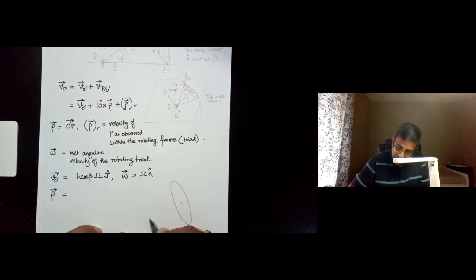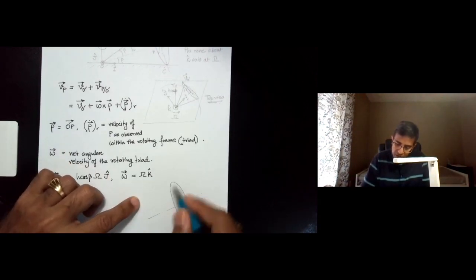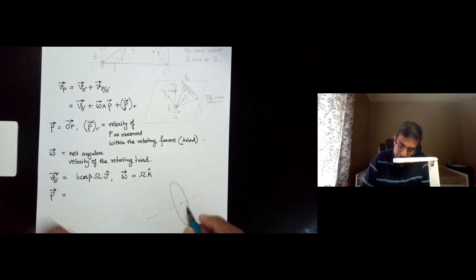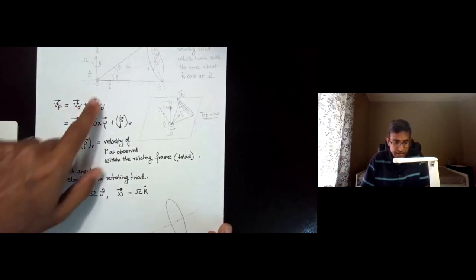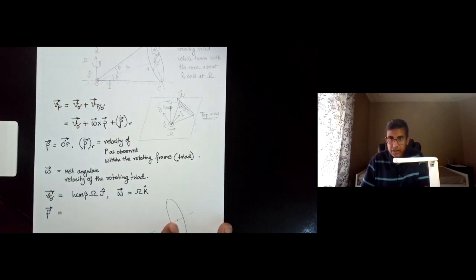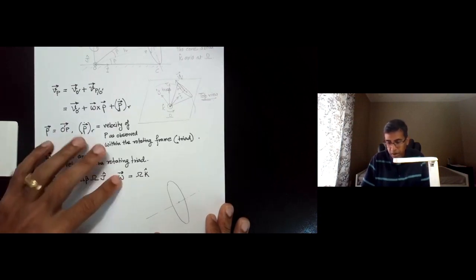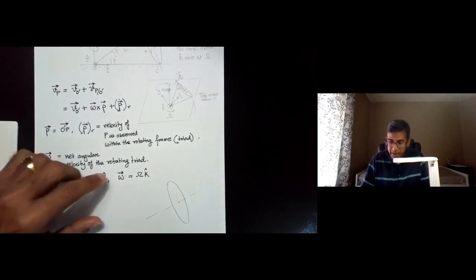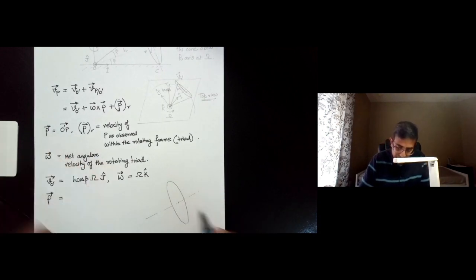The axis of the cone is like this, right? We are just focusing on the circular base of the cone. Now you can translate the ijk to this point, just so that it makes finding the components of O prime P a little bit more convenient.